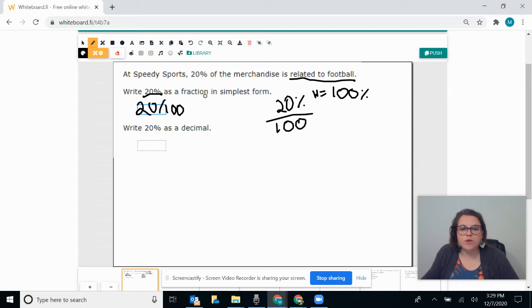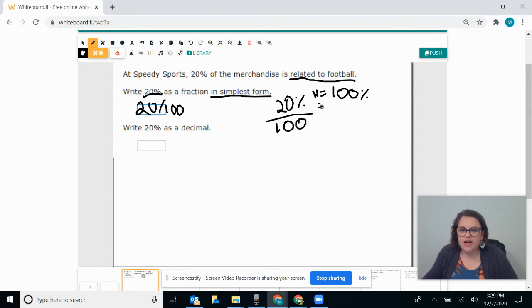But if you want to make it in the simplest form, meaning it's the same amount, but it's just a smaller number, you can always reduce it by the common factor. The greatest common factor in 20 and 100 is 20, because 20 can go into 100.